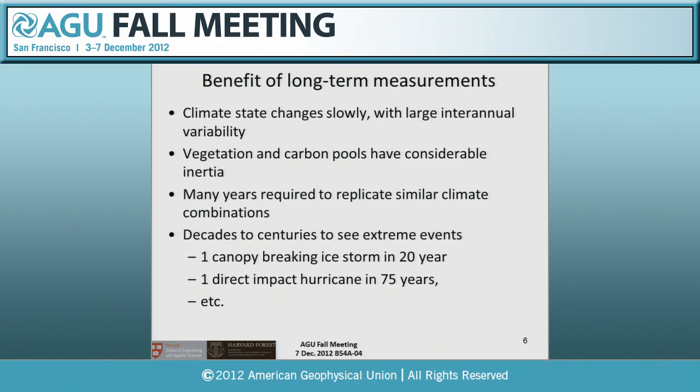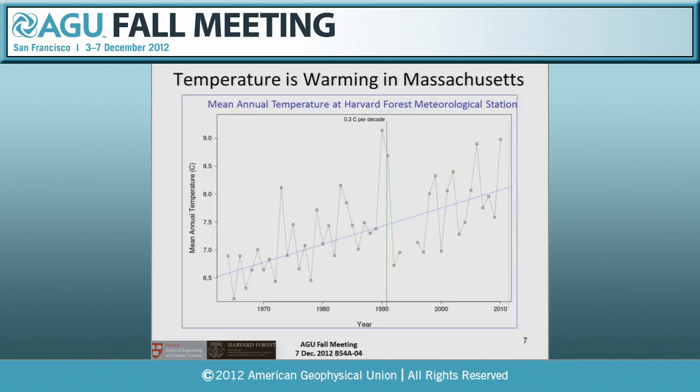Extreme events don't happen very often. We have one mild ice storm in 20 years, one hurricane in 75 years, and so on. So to see effects of those extremes, you really need to have a lot of data, and we won't see that on site. So yes, the climate at Harvard Forest is changing.